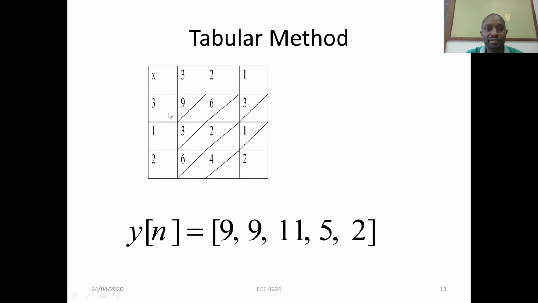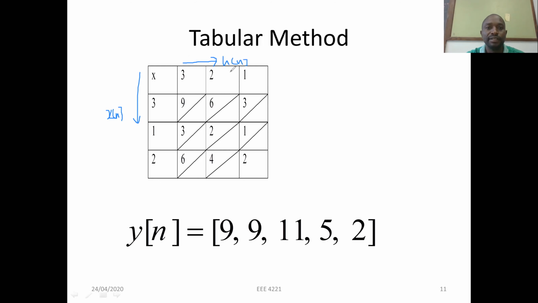In the tabular method, what you're going to do is, and I want you to watch this carefully, you have this part here consisting of x of n. So that part is for x of n. Then you have another part here, this part here consisting of h of n.